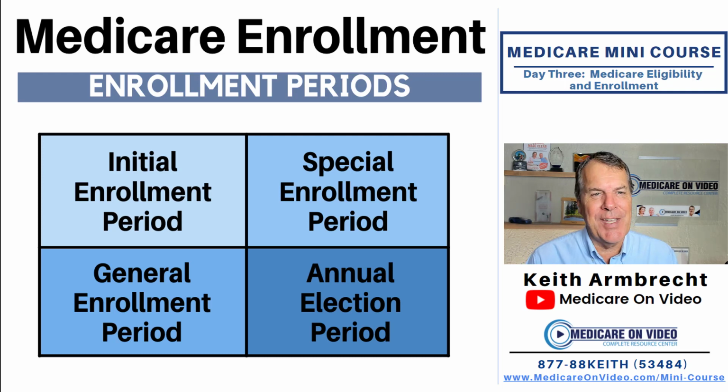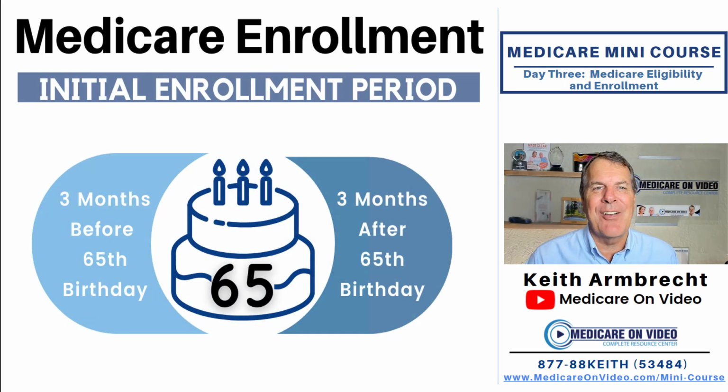So we're going to try and figure that out right now. So you have the initial enrollment period, special enrollment period, general enrollment period, annual election period. To make it a little more complicated, the annual election period, they more often call it the open enrollment period. So we're going to go through that right now and try and understand exactly what we have.